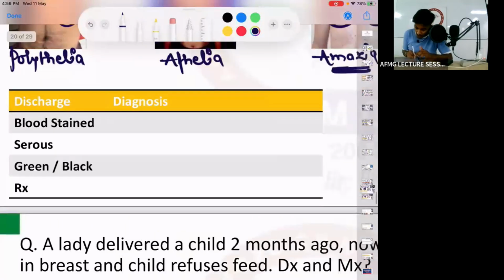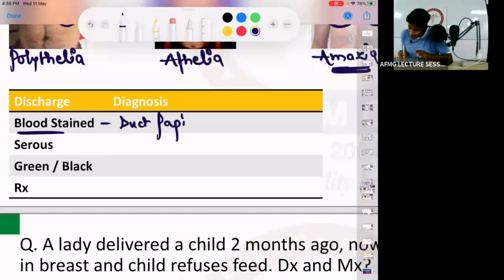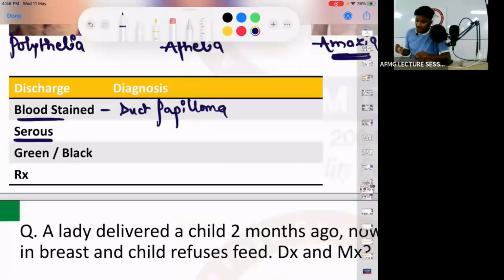Blood-stained nipple discharge: the most common cause is duct papilloma, from a single duct. If they give multiple ducts, then the answer would be cancer. The physiological cause of discharge is definitely lactation, milk comes. But the most common cause of serous nipple discharge is fibrocystic disease.